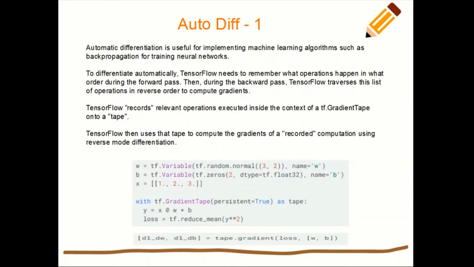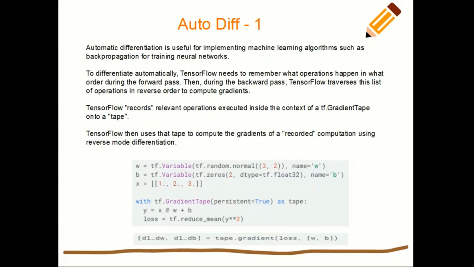Now there is also another concept that we need to be clear about, right? Earlier we had seen that back propagation calculates gradients in the reverse order of the operations in the forward pass. But for that, TensorFlow needs to remember the order of the operations in the forward pass, right? Gradient tape does exactly that. It records the operations that were executed in the forward pass in its context, and it remembers their order.